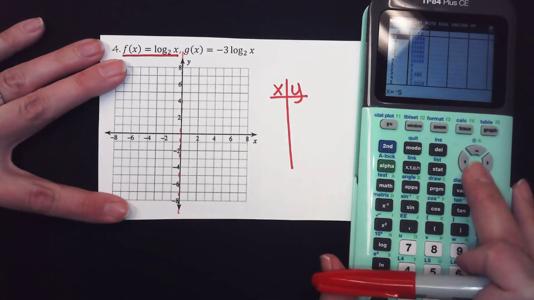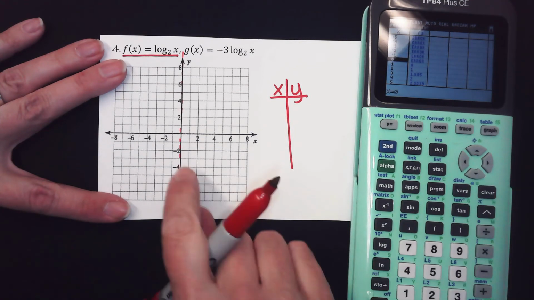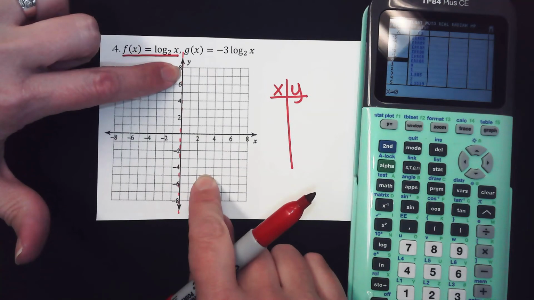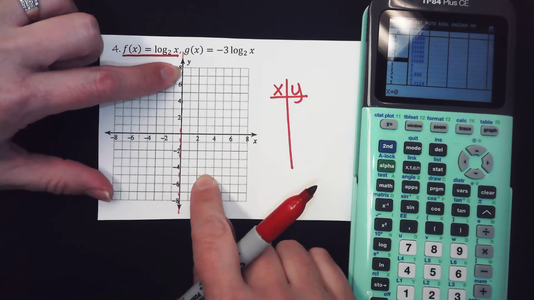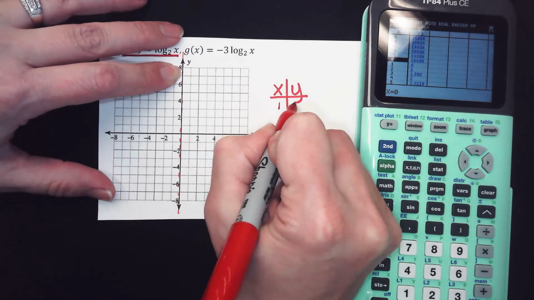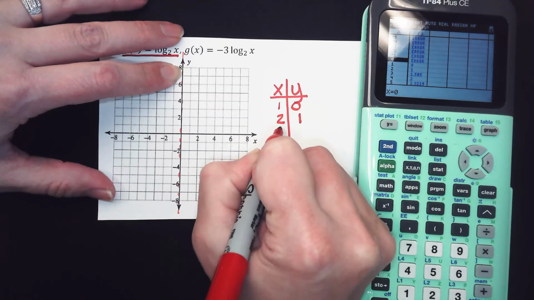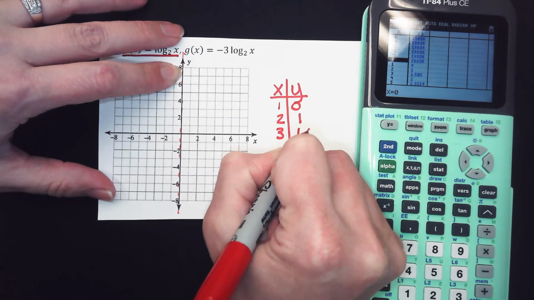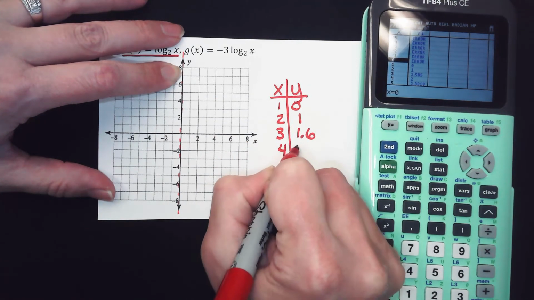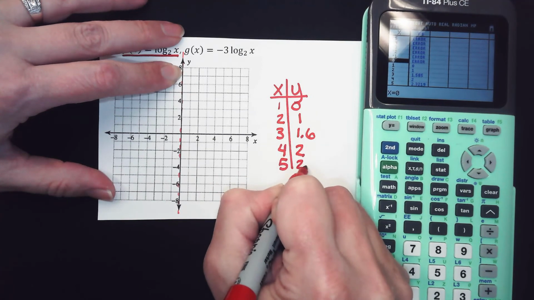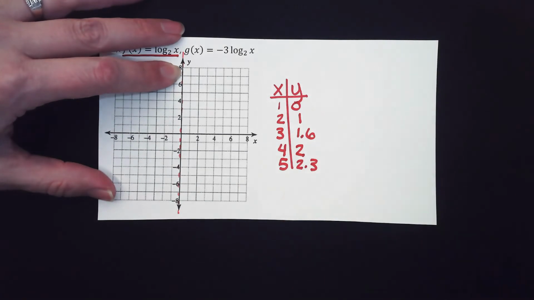See where it has those errors? That's because the asymptote is on that side. So even when x is 0, it is an error because it never touches this asymptote. But we have 1, 0; 2, 1; 3, 1.6; 4, 2; 5, 2.3, and we'll kind of see the gist as we go.